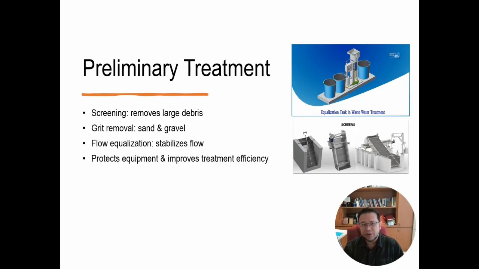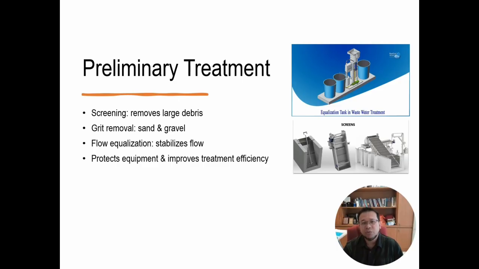Preliminary treatment is the very first step when sewage enters a plant, and its main goal is protection. First, we have the screening, where the wastewater passes through bar screens to remove large debris such as rags, plastics, and other solid objects that could damage pumps and equipment downstream.